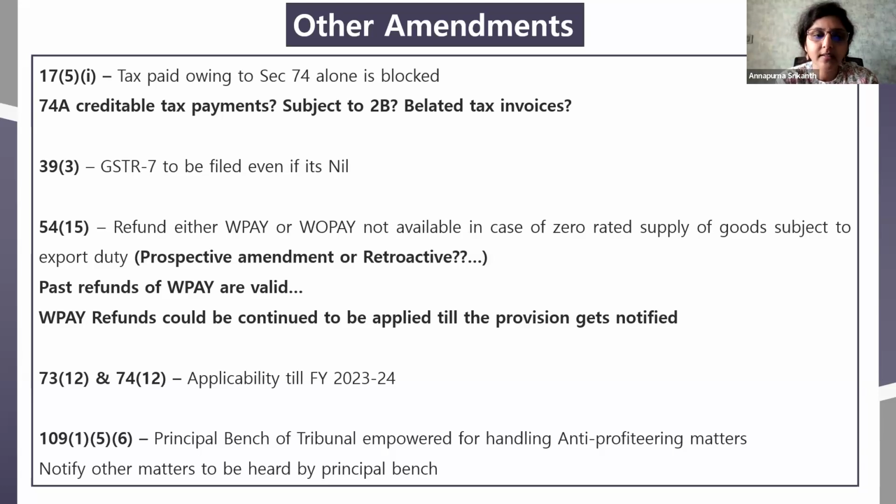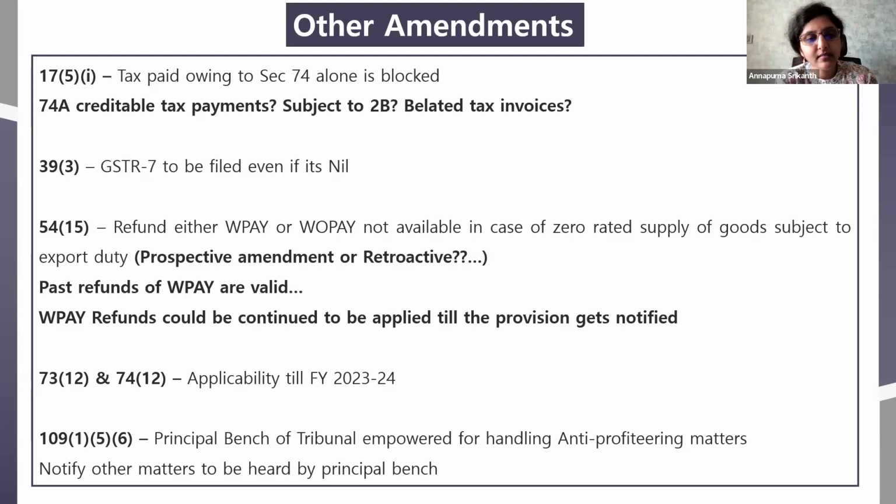This appears to be a prospective amendment, or is it a retroactive amendment? Because past refunds, whatever refunds already received, would be valid. And till this provision gets notified, those who have opted for with payment can continue to file their GSTR 1 accordingly, and they'll get the refunds of the with payment option like before.